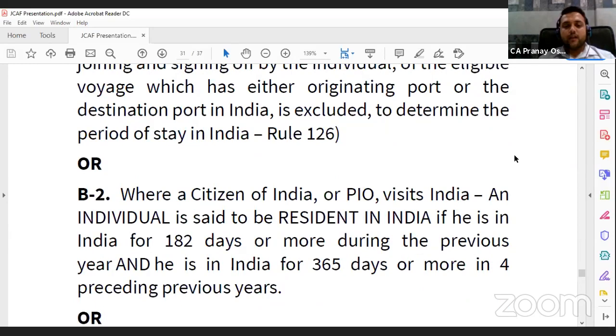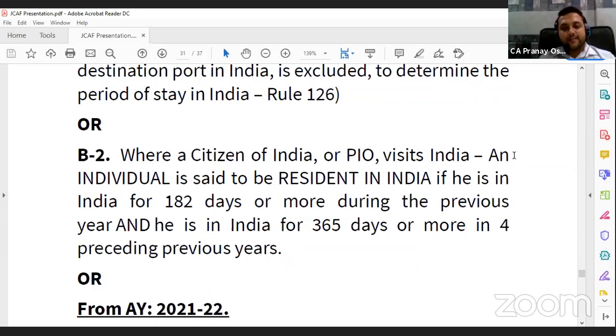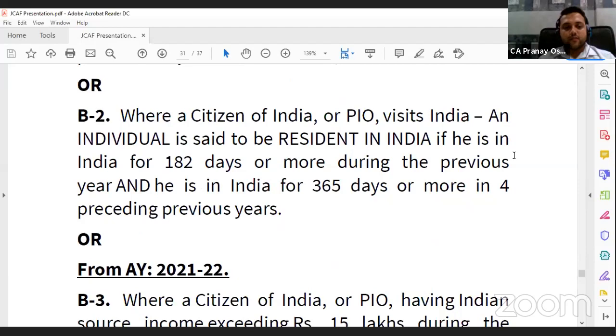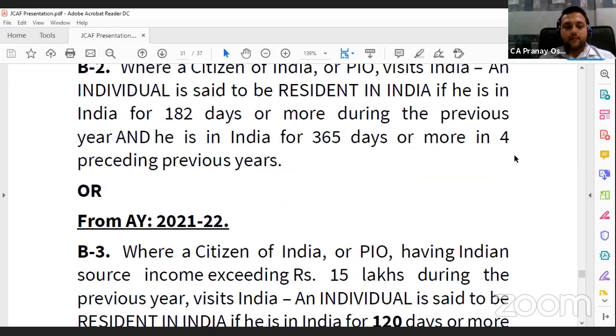Or where a citizen of India or a person of Indian origin visits India, an individual is said to be resident in India if he is in India for 182 days or more during the previous year and he is in India for 365 days or more in 4 preceding previous years.